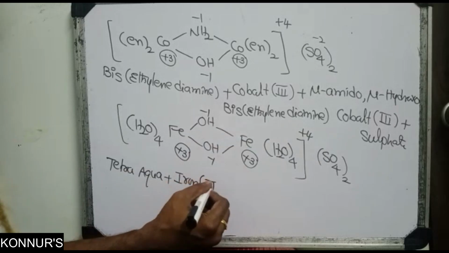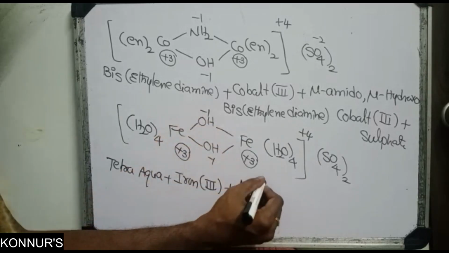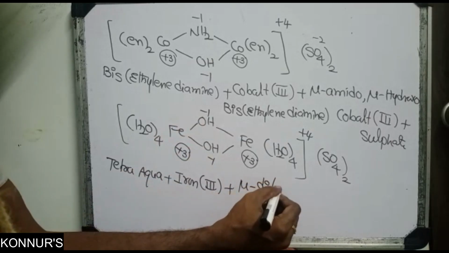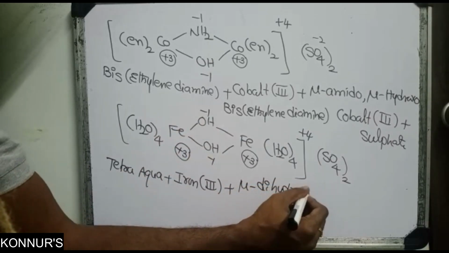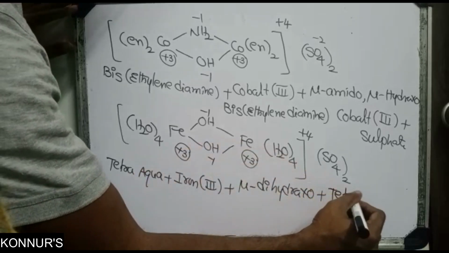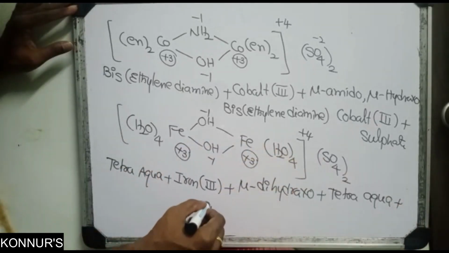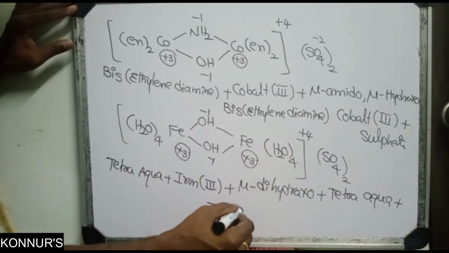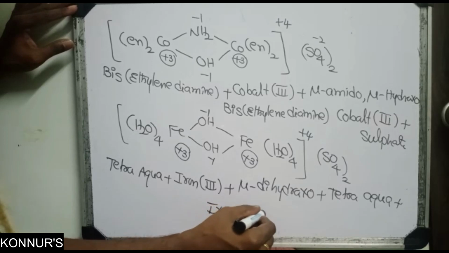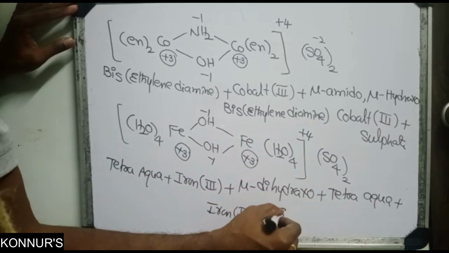So iron 3. Next, mu. 2 are the same only, so that's why you write mu dihydroxo. Negative. Next, tetraaqua iron 3. Next, positive is over. Now what? Negative, so it is a sulfate.